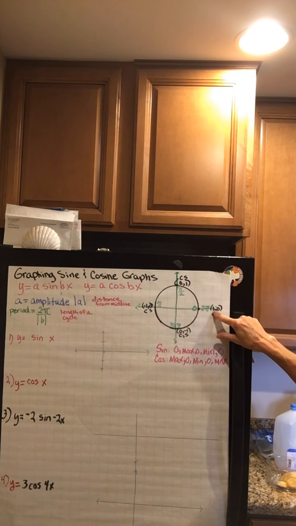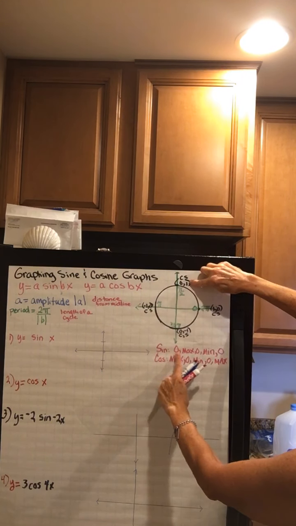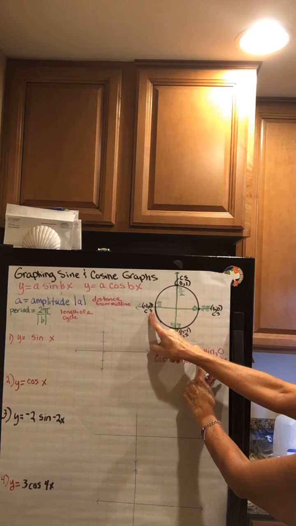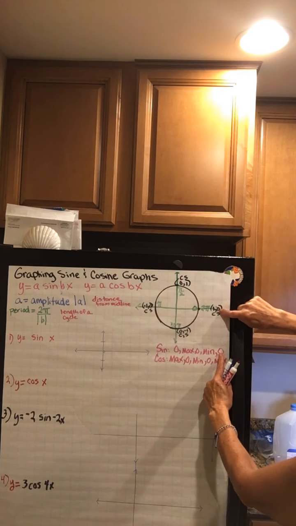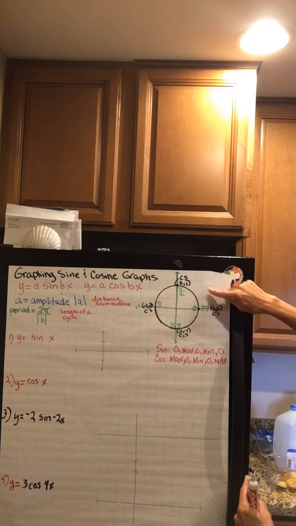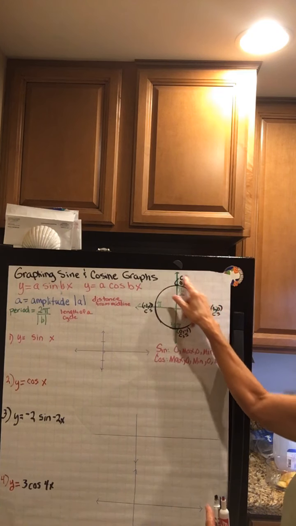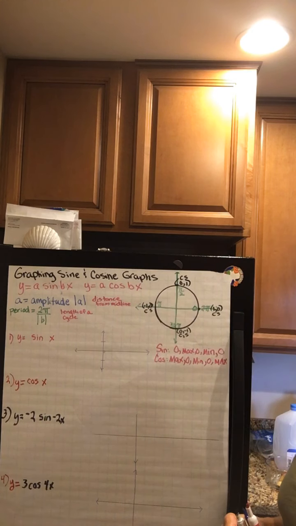If I look at the exact values of a unit circle and look at sine, which is your y value, I start here at 0, then sine is 1, that's your maximum value. Then I go back to 0 for sine, then I go to -1, that's your minimum value, and then go back to 0. This is where you get 0, max, 0, min, 0. And that completes one period, one cycle, one unit circle.